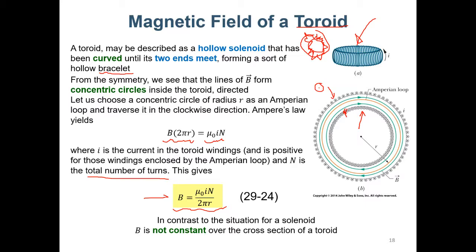In contrast to the situation of a solenoid, the B is not constant over the cross section of the toroid. So this is not constant. If it is closer to the center, it is stronger. If it is far away from the center, it is weaker.